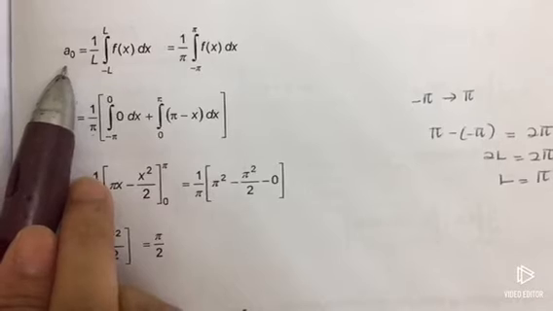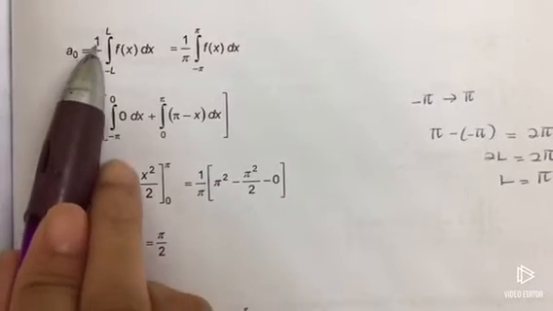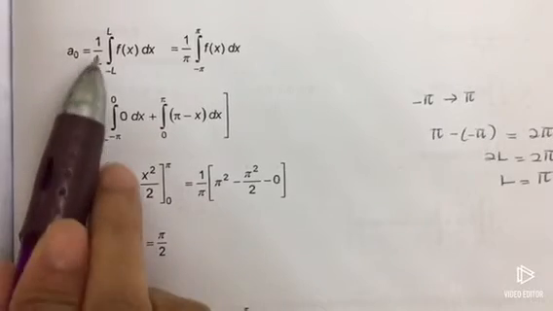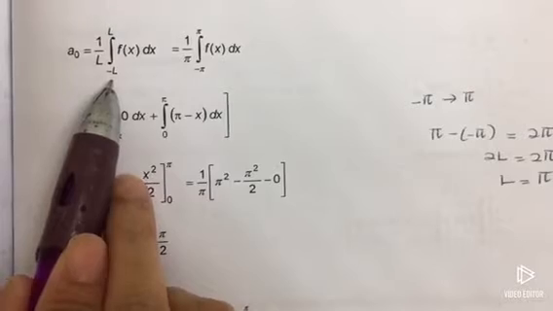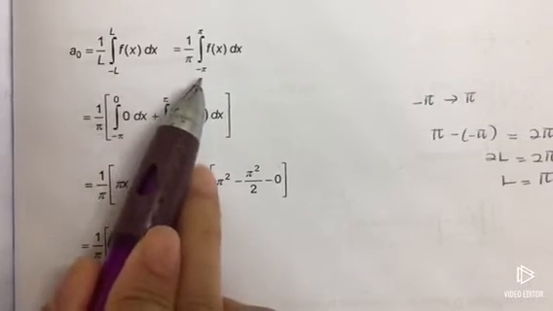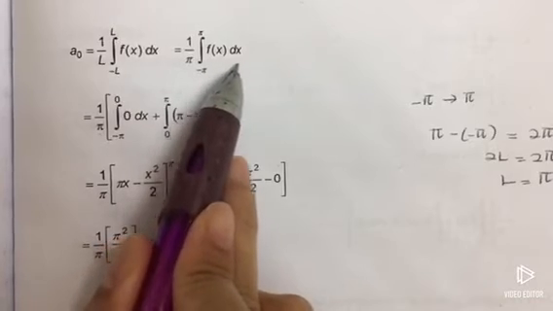Okay, the formula of A naught is A naught equal to 1 over L, so it will be 1 over pi, integral from negative L to L, so in our case from negative pi to pi, f(x) dx.